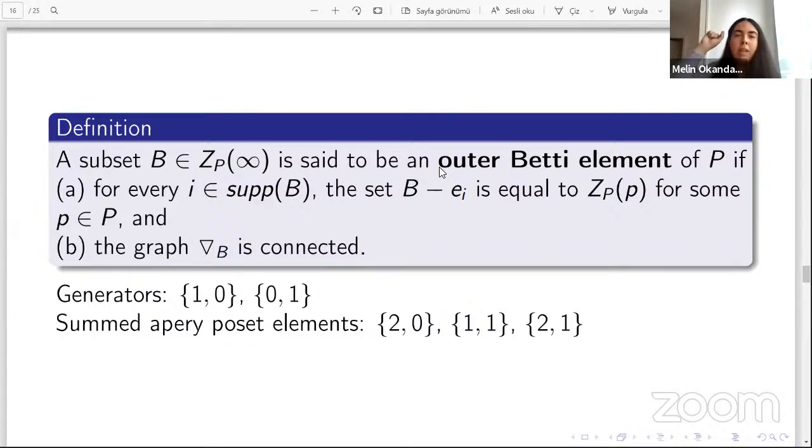They would both have the second coordinate as non-zero, so we would draw an edge between them in this case. But in the case of 18, there is no edge because there is no shared coordinate between the two factorizations of it. So for the Apéry-Betti elements, we require them to be connected, and we require them to be outside of the Apéry preposet and eventually the cos poset, because the cos poset is just a reflection of the Apéry preposet.